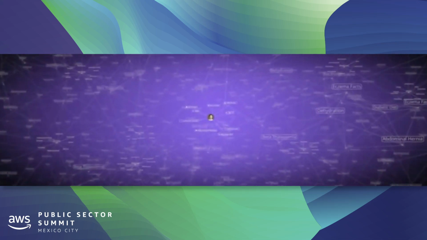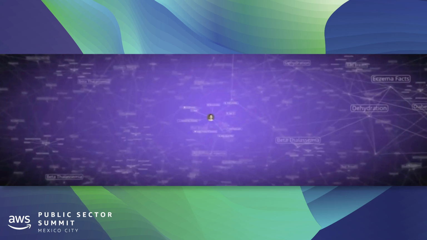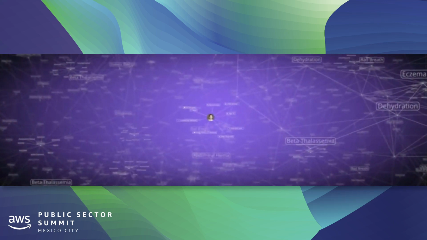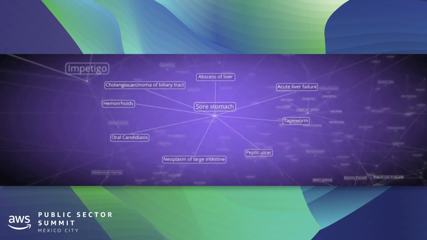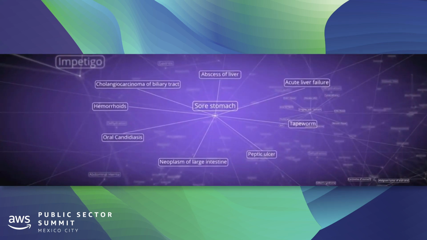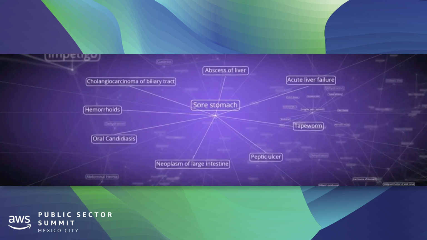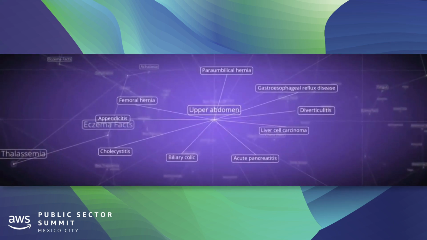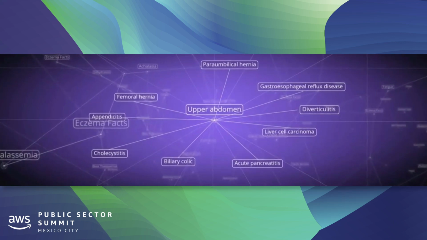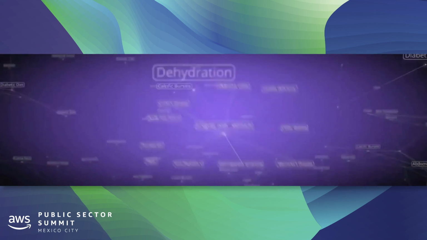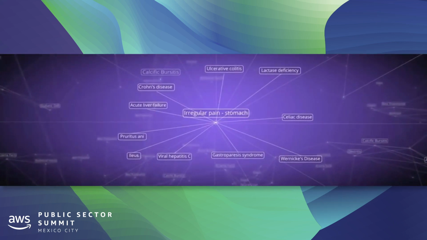Alexa, I want to talk to Babylon. Hi there, I'm Babylon and I'm here to help. To start, tell me what symptom is bothering you the most. Well, I've got quite a sore stomach. Sorry to hear that. Let's figure out what's causing your pain and how to treat it. Chris, where exactly is the pain? It's kind of on the top part of my stomach, sort of in the middle. And how bad is the pain? Oh, it's not too bad. And does it come and go? Yeah, it comes and goes, and it's worse after eating.